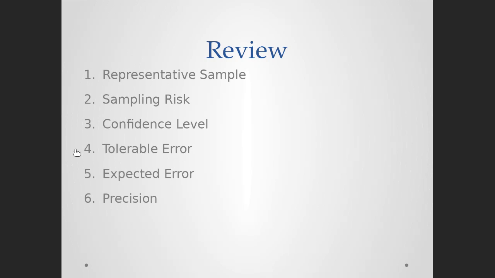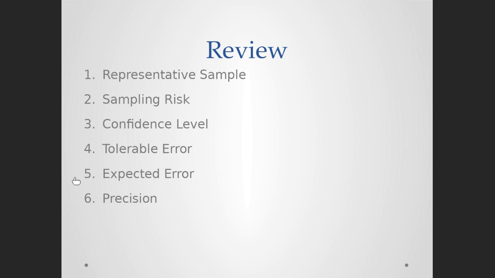Tolerable error is the number of mistakes we can accept in the sample, the percentage of errors we can accept in the sample and still say the financial statements are true and fair. That's called the tolerable error, right? That's in the sample. The expected error is the number of mistakes we think the population has, right?